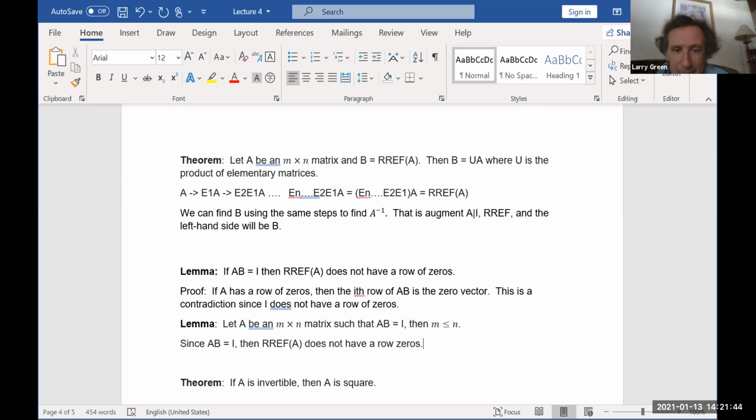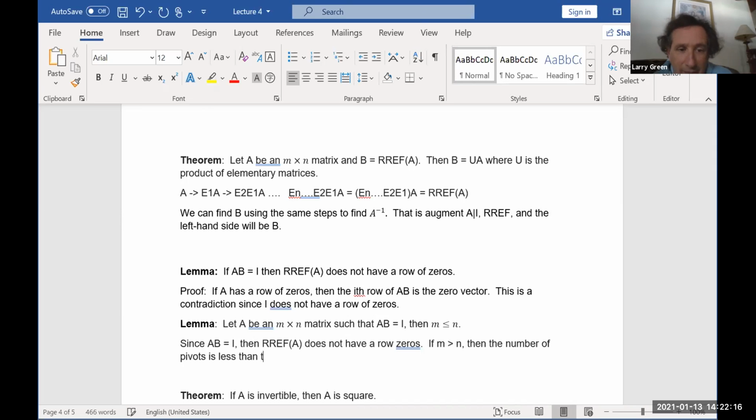Okay, but if M is greater than N, that means there are more rows than columns, then you can't have more than N pivots. Do you remember that? Then the number of pivots is less than the number of rows.